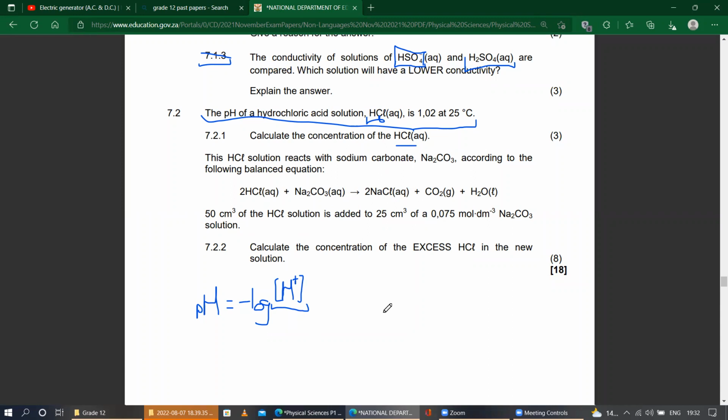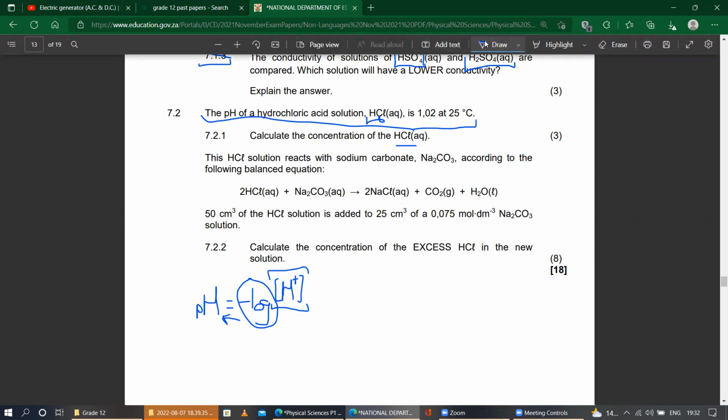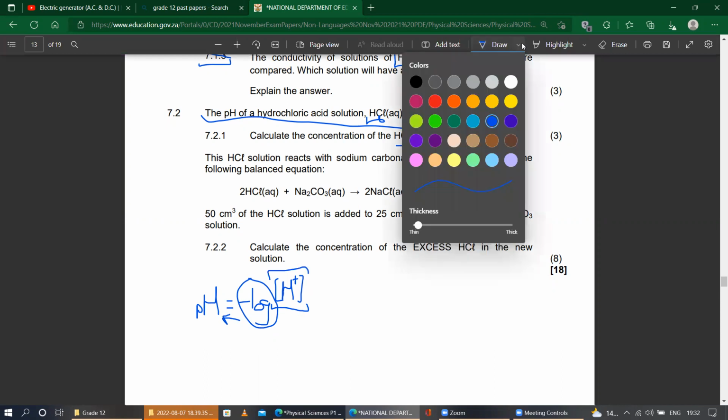So do you guys know how you can move this log to this side and be left with this concentration? Just a quick yes or no. We don't know how to, or we know how to. Just fast.